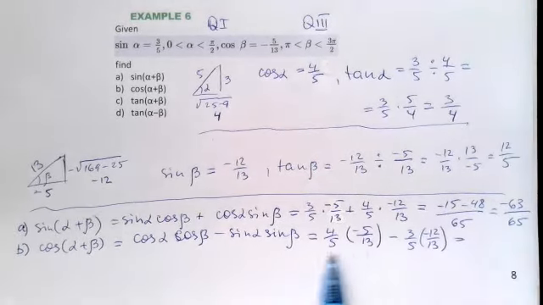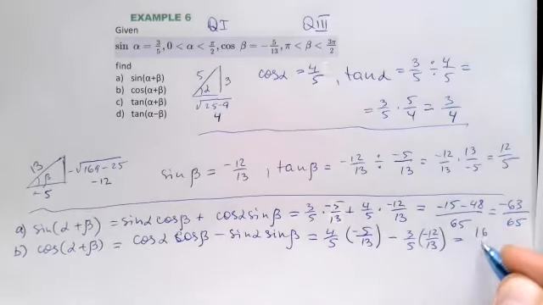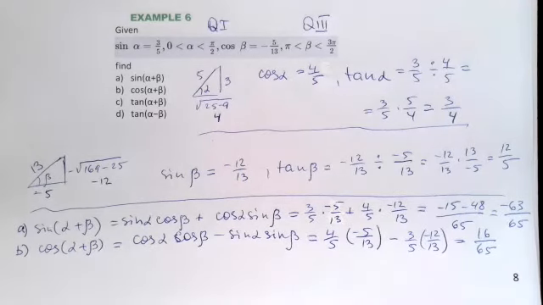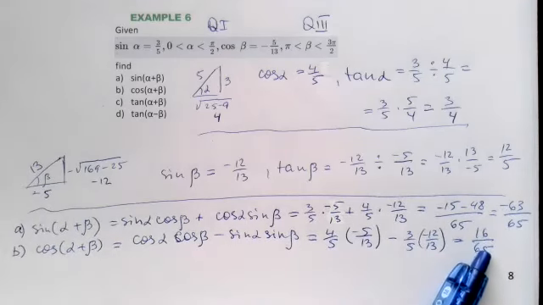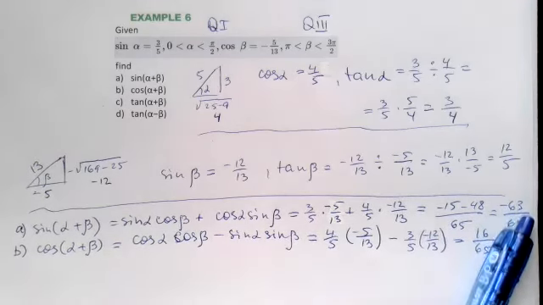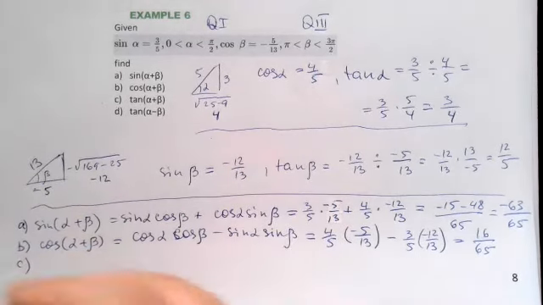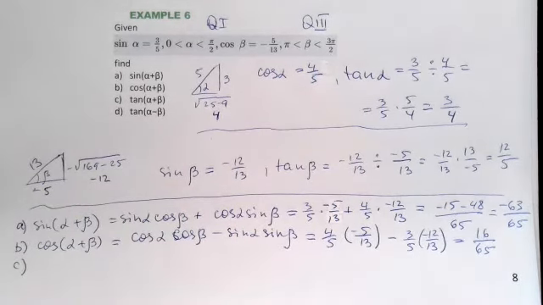So again, when we multiply the fractions and subtract, what we're going to get is 16/65. All right. So basically, this is a sine and cosine of the same angle. If you want to check your work, you could square sine, square cosine, add them up, see if they add up to 1.